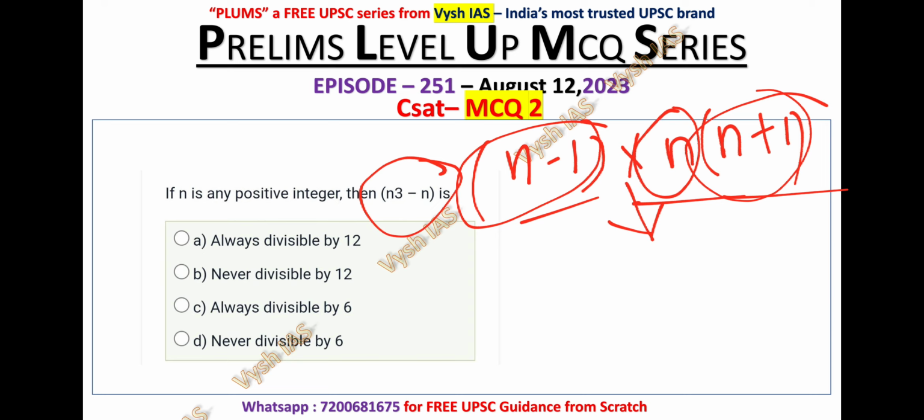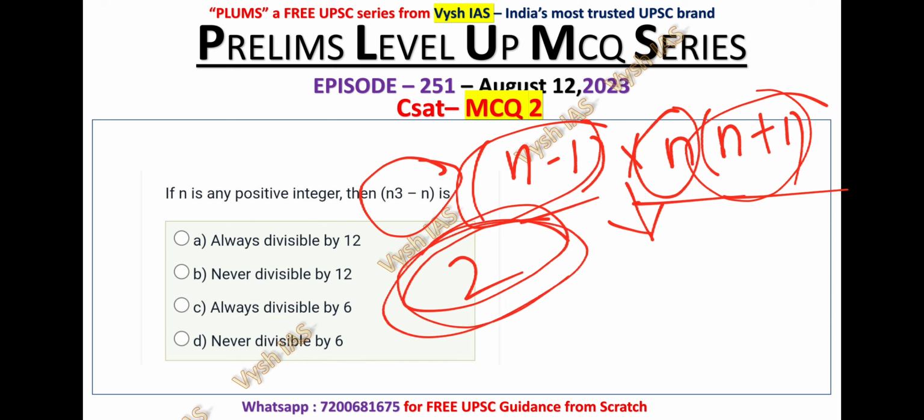Let's take any number, and you will get a factor of 6 in the product. This is something that you have to remember by heart: the product of 3 consecutive integers will always be divisible by 6. So option C is the correct answer, always divisible by 6.